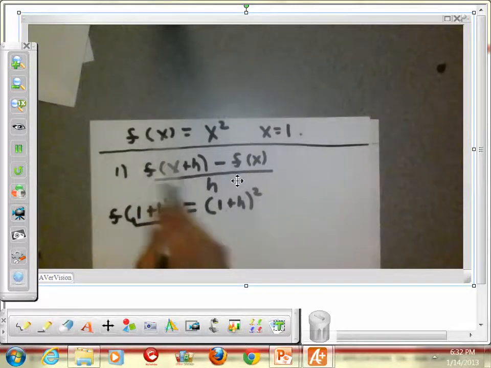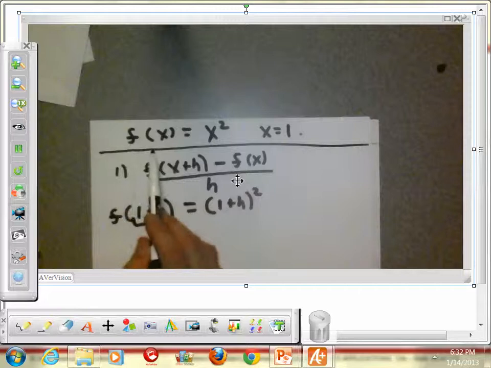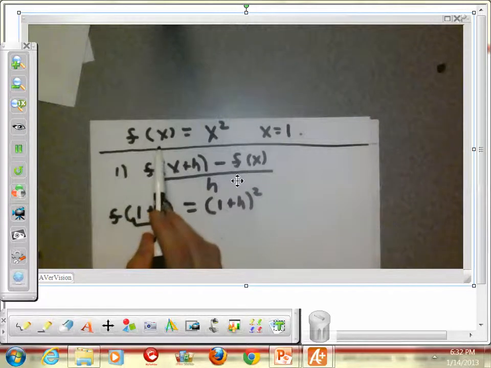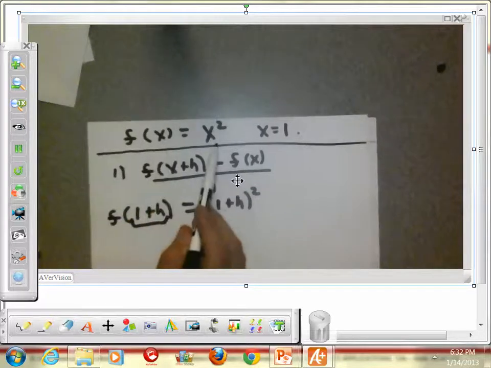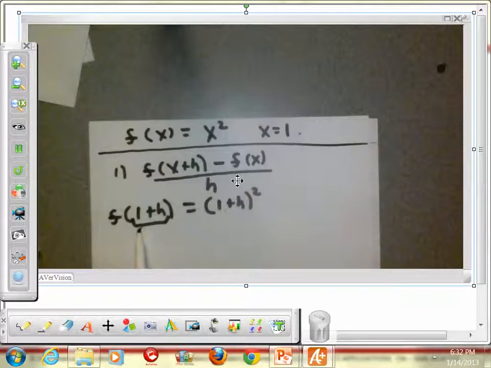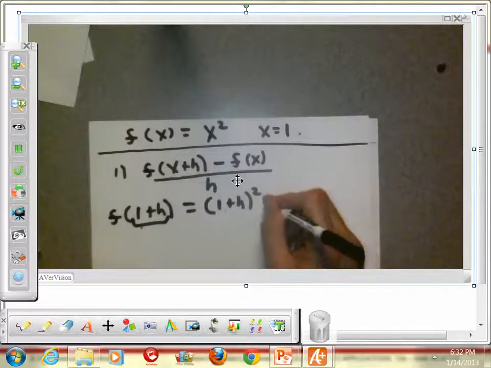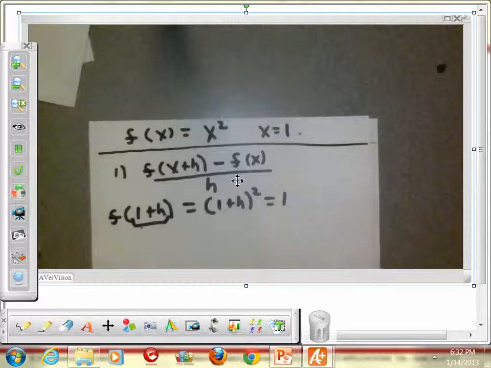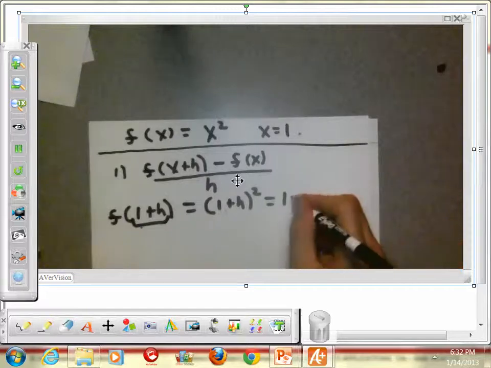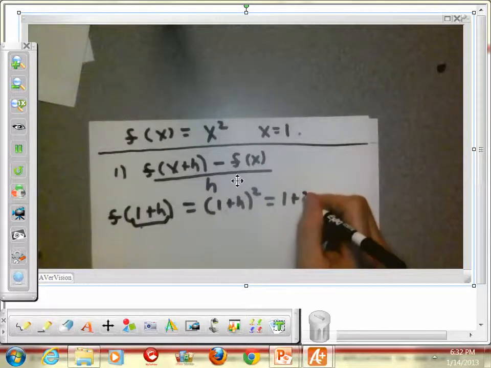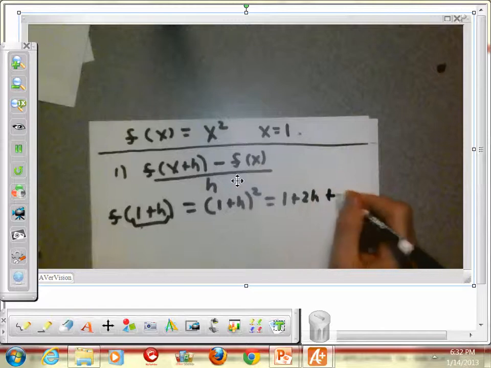A function is basically a set of directions: whatever's in parentheses, square it. So what does this give me? Well, I can FOIL it. I'm not going to review that right now, but if you have questions, ask me. If I FOIL this, I get 1 plus 2h plus h squared.